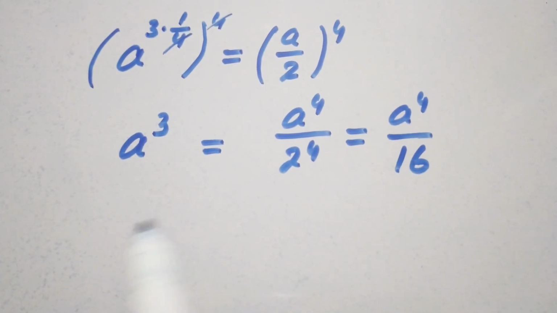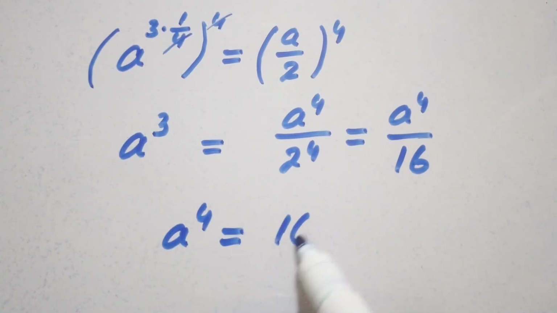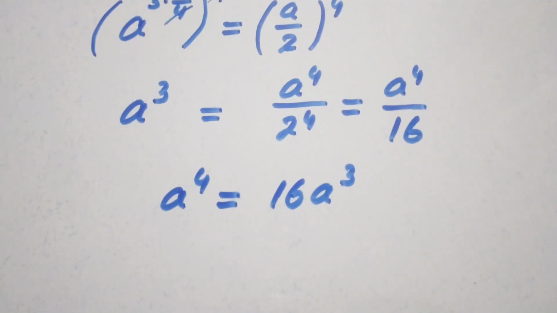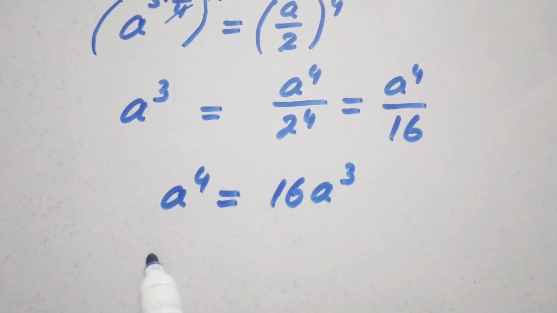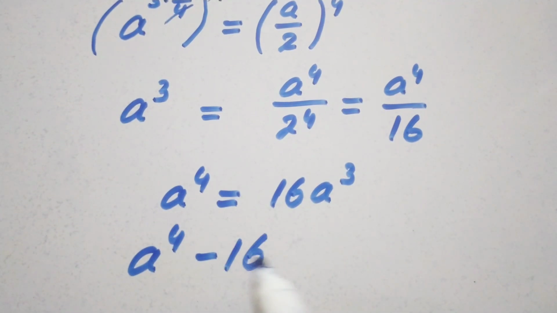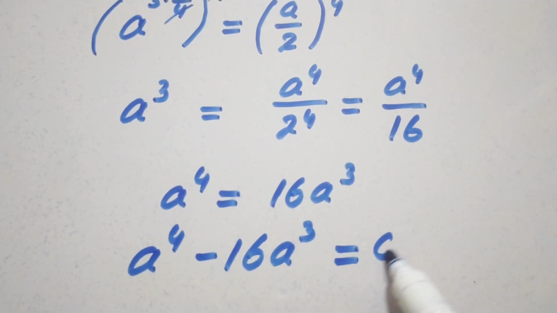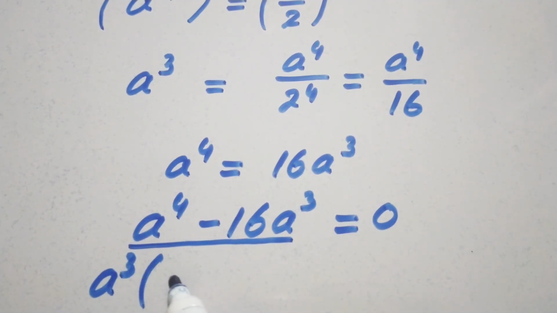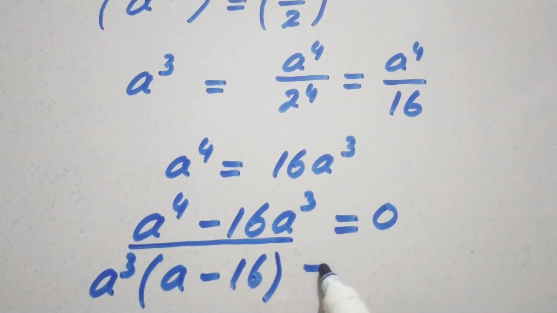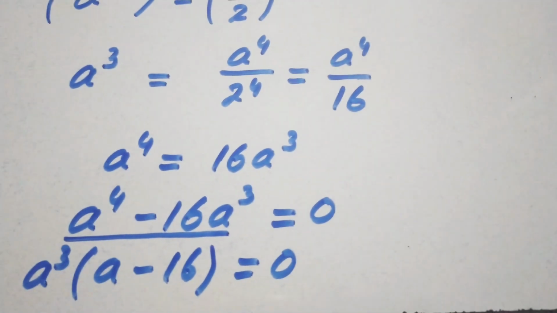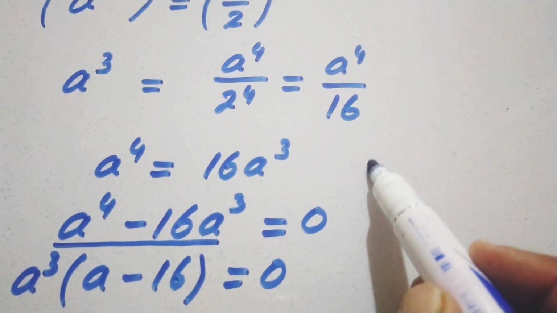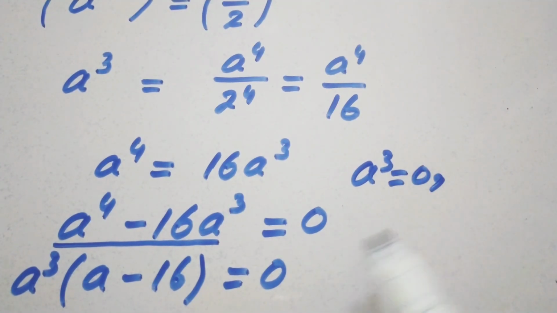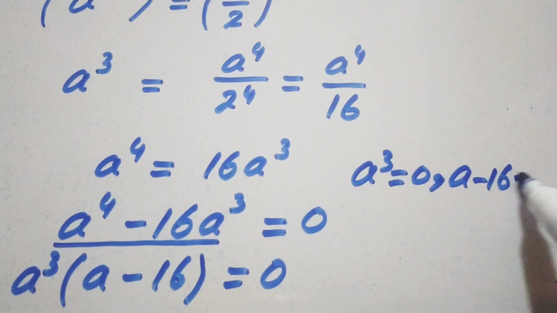Now by doing cross multiplication, we get a power 4 is equal to 16a cube, and by moving this 16a cube from right hand side to left hand side, this will become negative 16a cube is equal to 0. Now taking a cube as common, inside here a minus 16 will be left is equal to 0. By using zero product rule, here we get a cube is equal to 0 and a minus 16 is equal to 0.